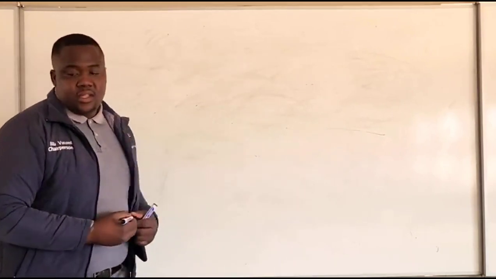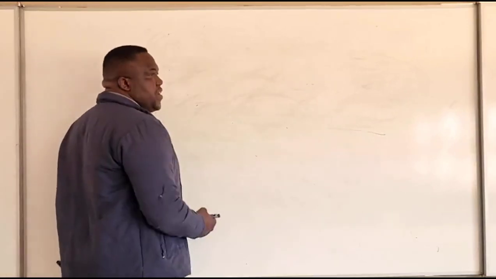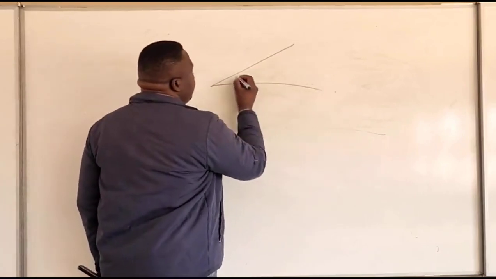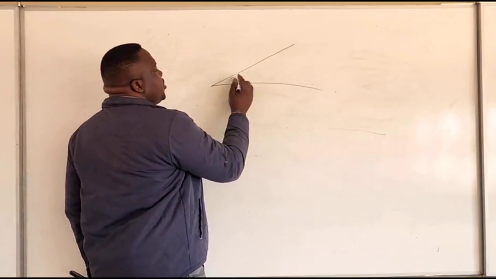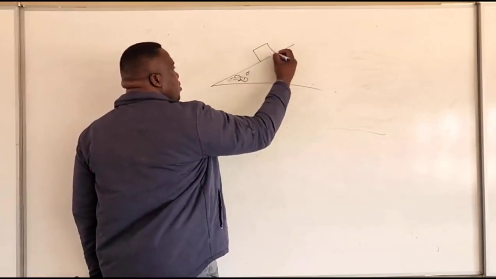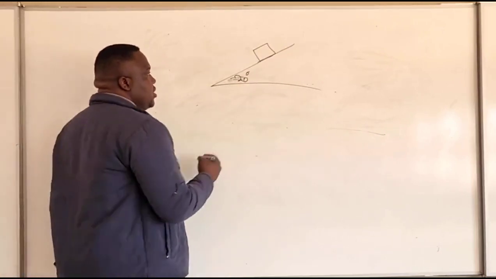Let's say you are given a question like this. There is an incline. Let me use 20 degrees. There is a box.